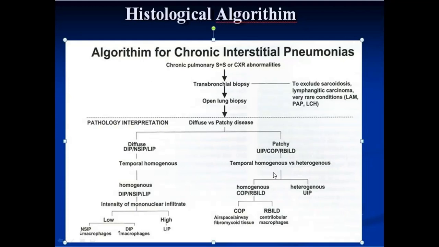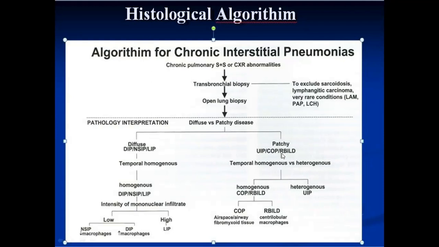The second approach is to determine whether the lesion is homogeneous or heterogeneous. Homogeneous means the lesion is all in the same stage, while heterogeneous indicates that the lesion is present in different stages of progression.